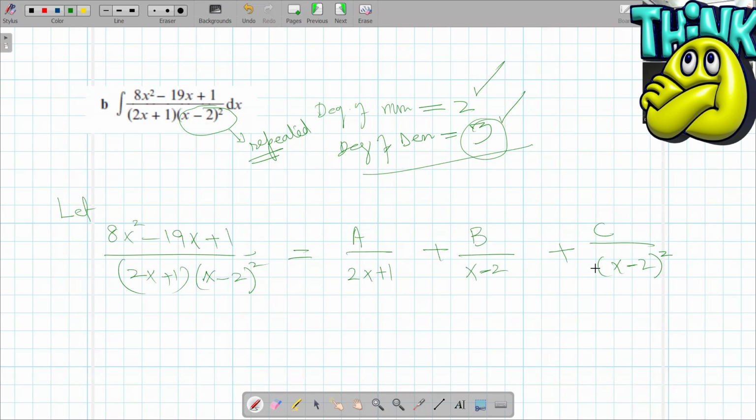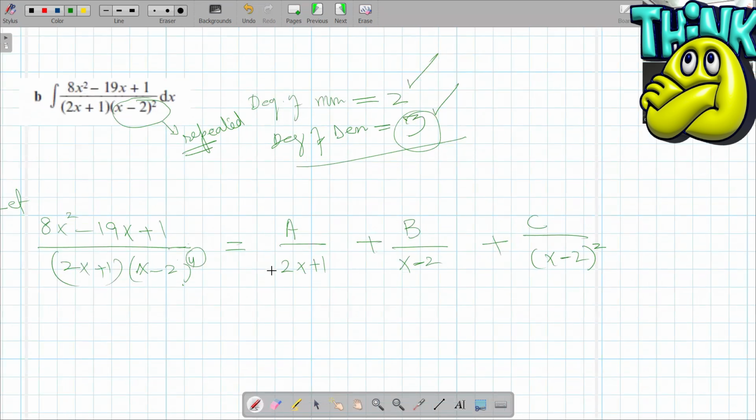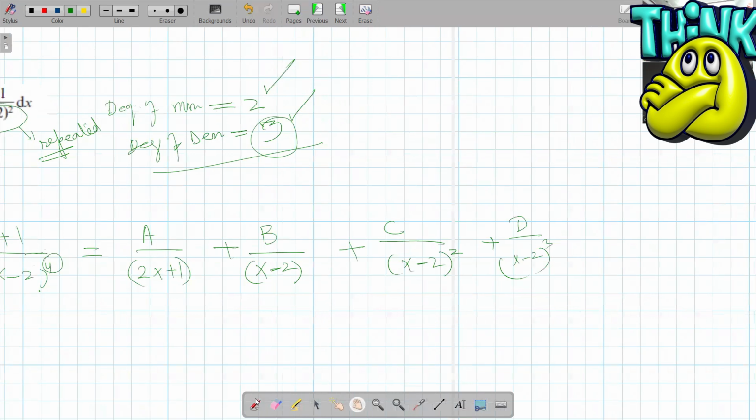Now, suppose we have a power 4 here, what will be our supposition then? If we have power 4 here, then we will suppose it like a upon the first factor plus b upon x minus 2 plus c upon x minus 2 squared plus d upon x minus 2 cube, and we will add one power in each term, plus e upon x minus 2 degree 4 like this, right?